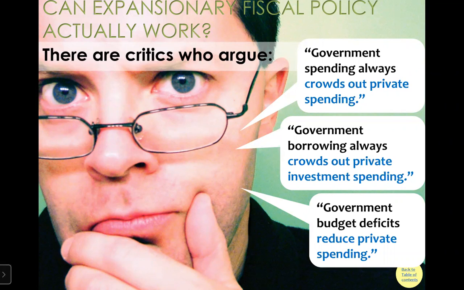From the standpoint of the households, they know that today the government will give me a transfer, but eventually the government will tax me more so that it can pay off the debt. So in net terms, it seems like it's the same for me. That's why the government budget deficit will reduce private spending.